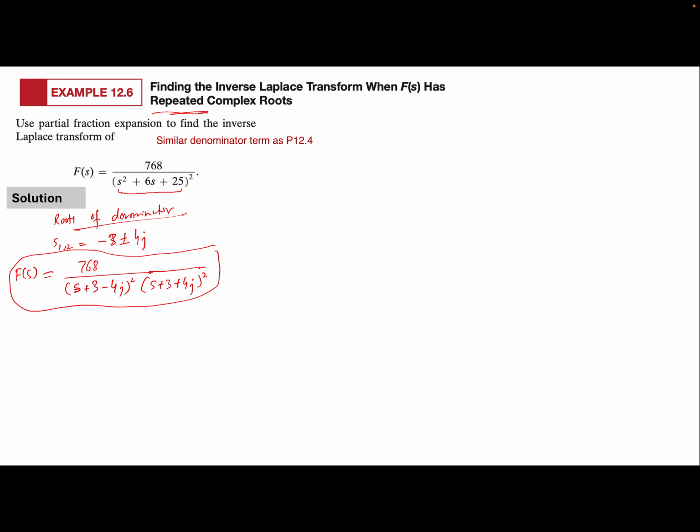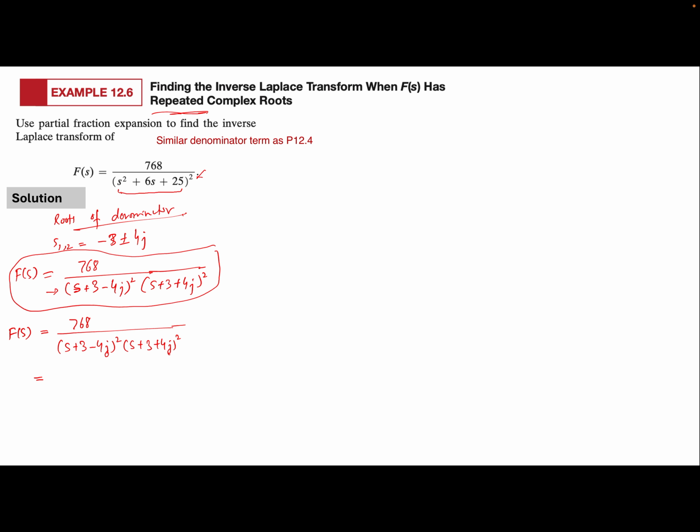Okay, so I'm going to solve this now and expand it. So F of s is 768 divided by s plus 3 minus 4j whole square, s plus 3 plus 4j whole square. Okay, I'm going to expand this. First, in the repeated roots, we can write one of the roots with a square, another one with a lesser power, like 2 minus 1 power.